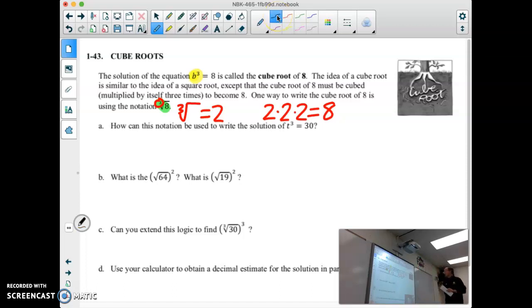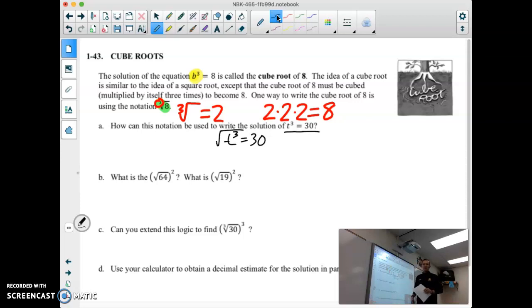All right, so how would we write that for this little equation right here? If we want to find what t is equal to, knowing that t cubed is equal to 30, whatever we do to one side, we have to do to the other to keep things happy in algebra. So we have to take the cube root of both sides.